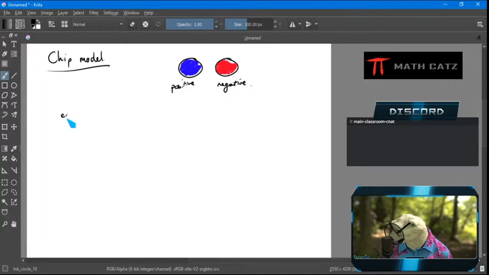So, for example, if I want to represent 3 in chip form, I would have, oh, that's not a chip, that's a chip with a bite out of it. I would have 3 positive chips on the table.